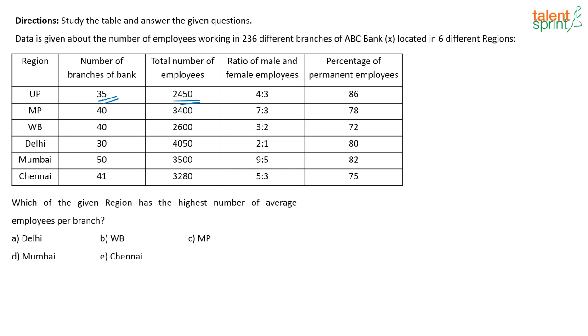Now you have to find out which of the region has the highest average. So here you have to do 2450 by 35, 3400 by 40, 2600 by 40, 4050 by 30, for each one. Ideally you will have to find out what is 2450 by 35, what is 3400 by 40 and so on.